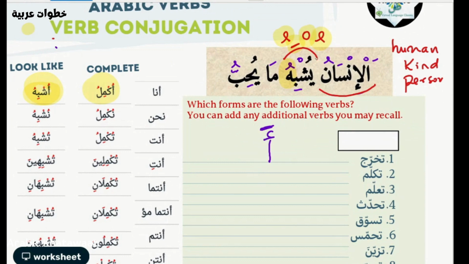The moment you start with a dhamma at the beginning of the verb, and a dhamma could be on the n, on the t, on different prefixes, or over here, you can actually determine a to be replaced by a dhamma, u, u. So I say ukmilu, I complete. Ukmilu, ushbihu, I look like. فمثلا, the human looks like what he loves. الإنسان يشبه ما يحب.